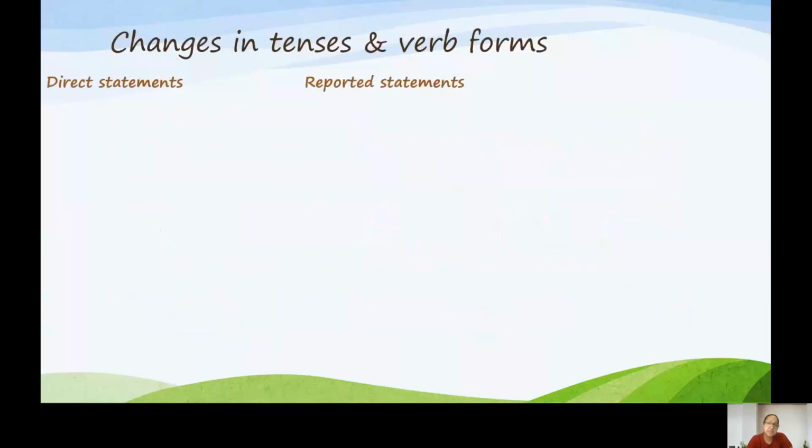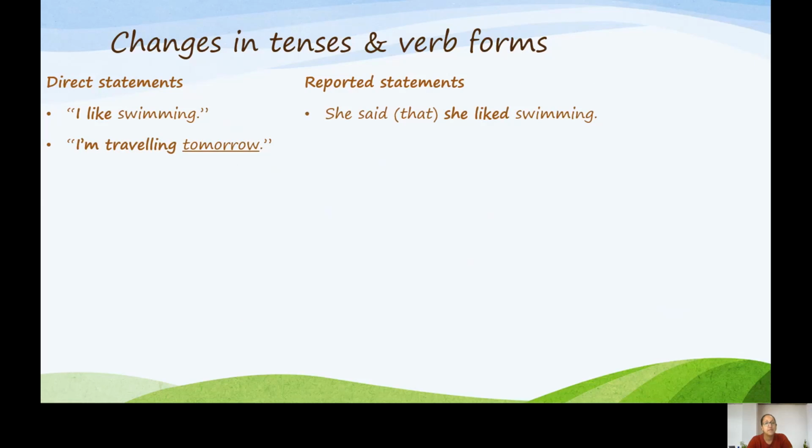Let's look at some examples of changes in tenses and verb forms now. For example, I like swimming. Present simple sentence. This becomes, she said that she liked swimming. We change it to the past simple. I'm traveling tomorrow. Present continuous.